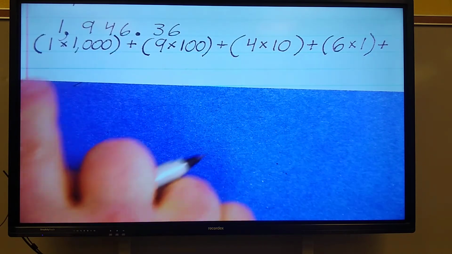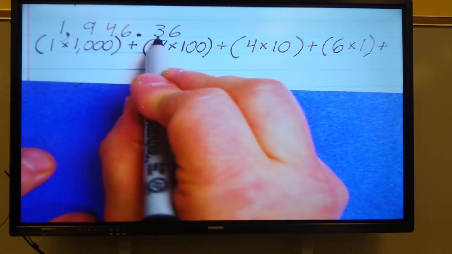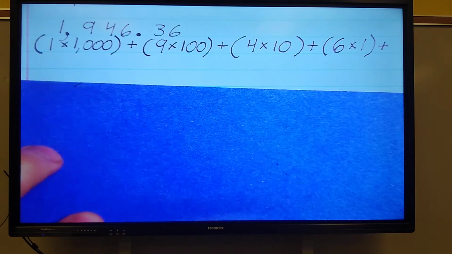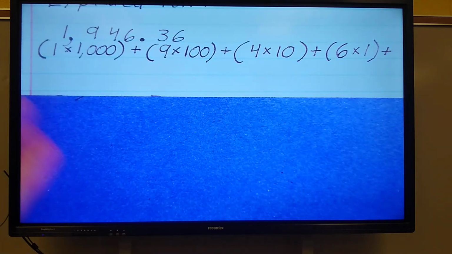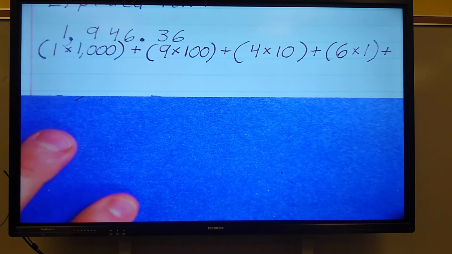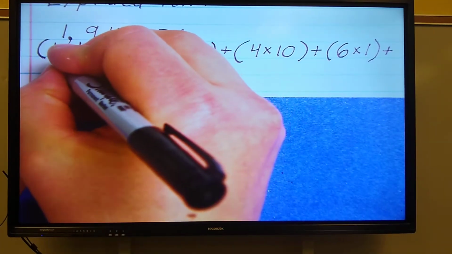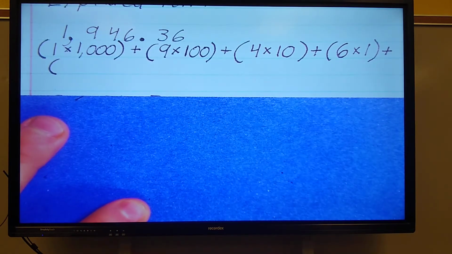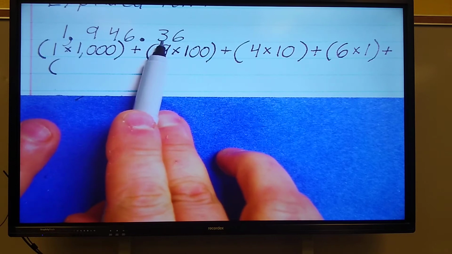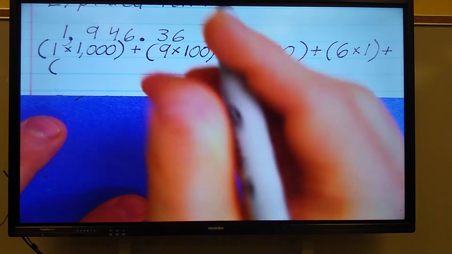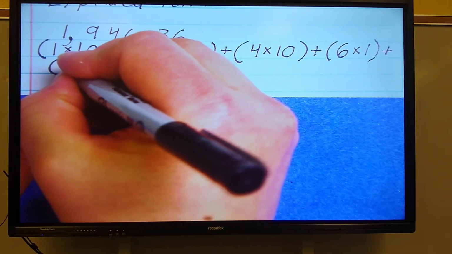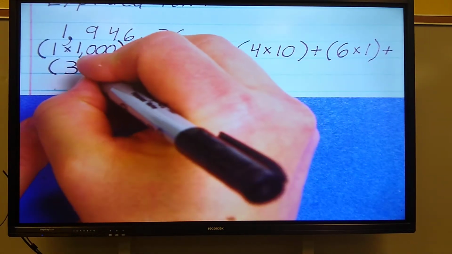Let's move to the next line because we got a 3 here. Now this is where it gets a little different. So pay attention. I put a parentheses again. I got a 3 in the tenths place. 3 times.